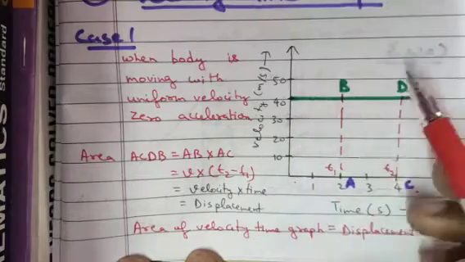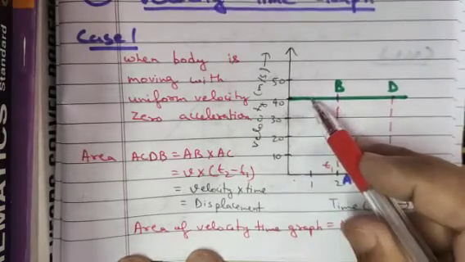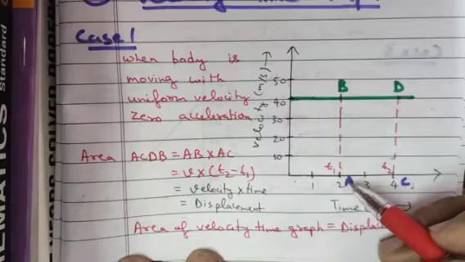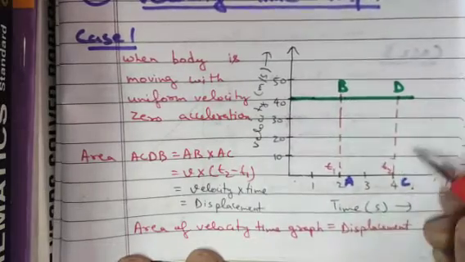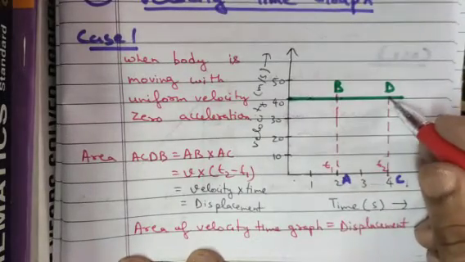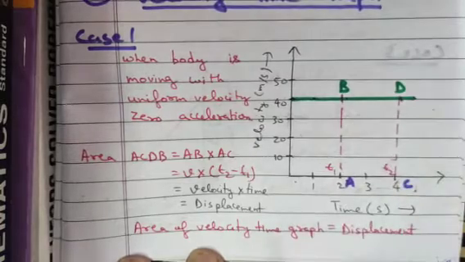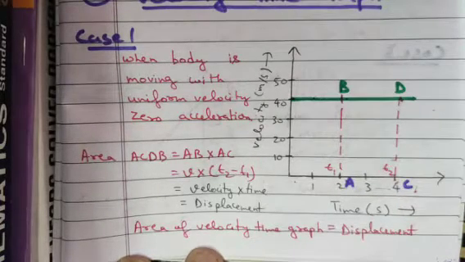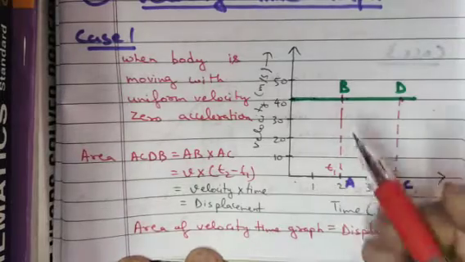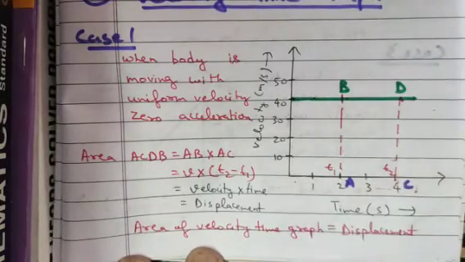It shows that at 0 second the velocity is 40 meter per second, at 2 second also 40 meter per second, at 4 second also 40 meter per second. That means at all points the velocity is constant. So we say that it will be a straight line parallel to the x-axis.